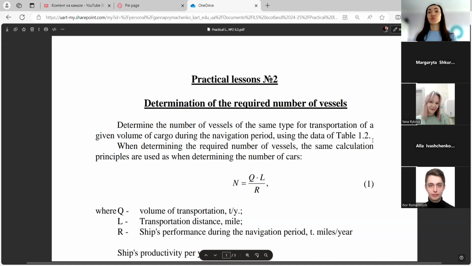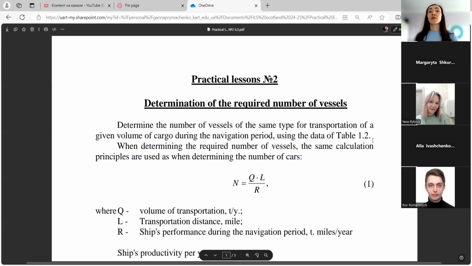More river transport we use from April or March, for example, to October, November. It is different for different countries because we have different temperature, different weather in these countries. For Ukraine, for example, it was from March to November. So it is a navigation period when we can use river transport.